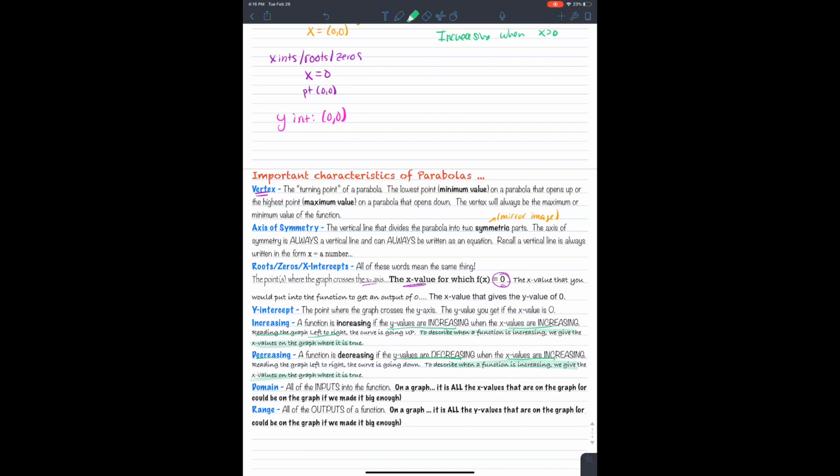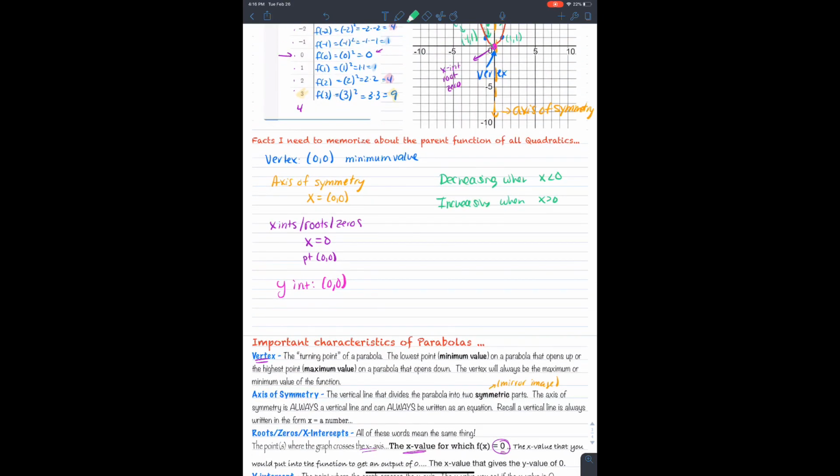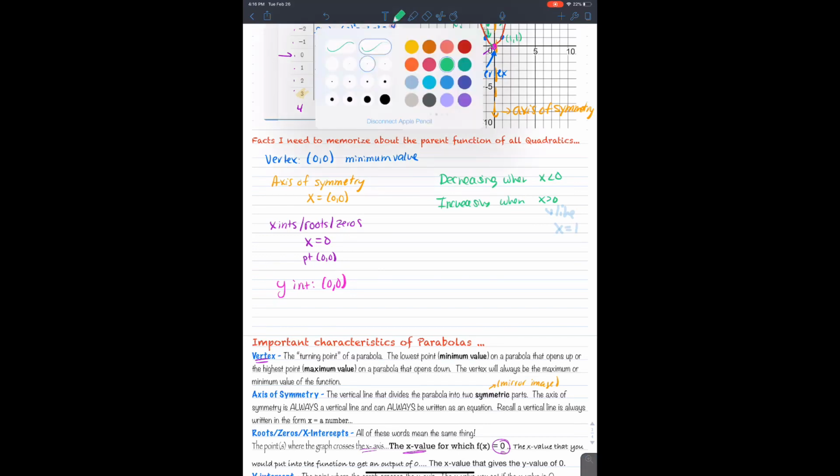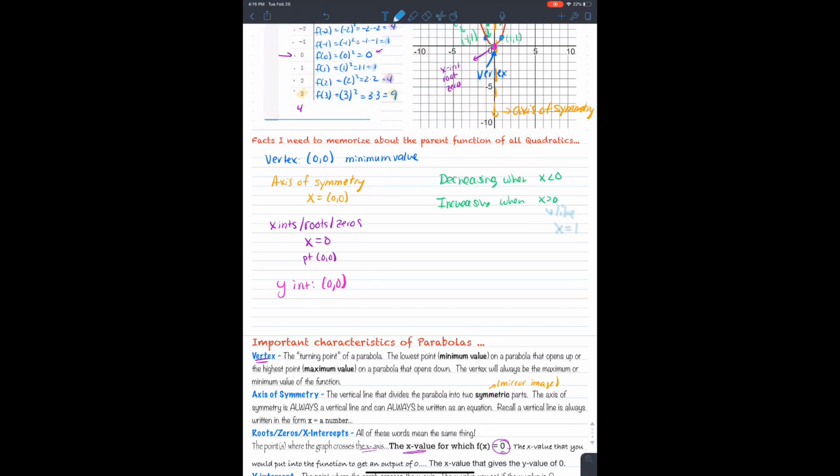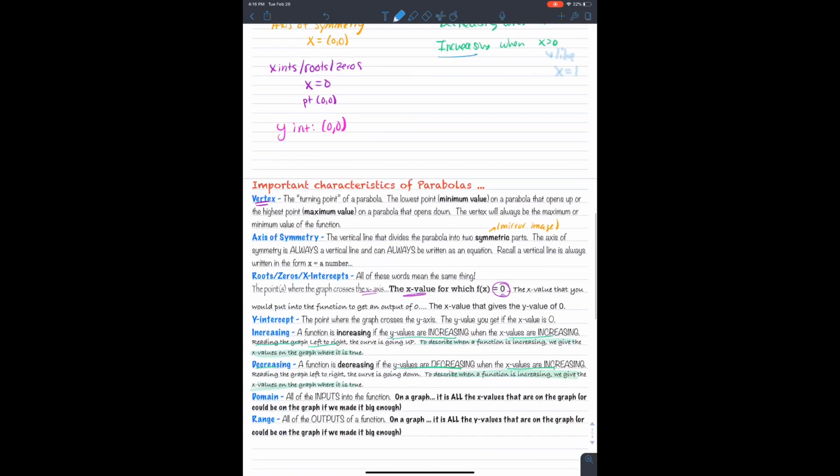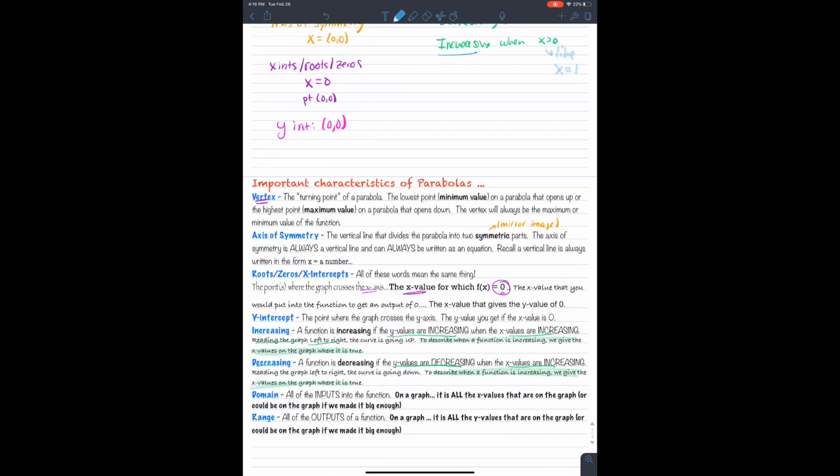So if we picked an x value that was bigger than 0, let's say something like x equals 1, if I go to the point on the graph where x is equal to 1, I told the reader that it was increasing there. So if it is increasing at that point, if I start to move left to right on the graph, my y value should be going up.